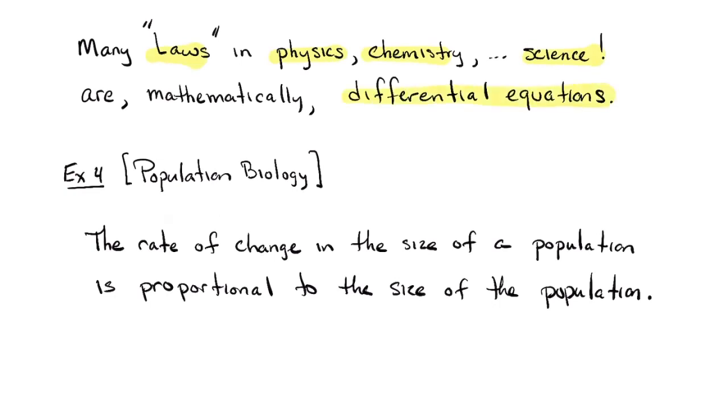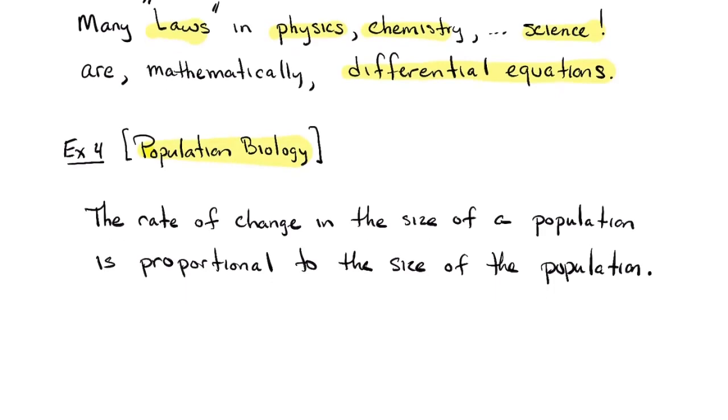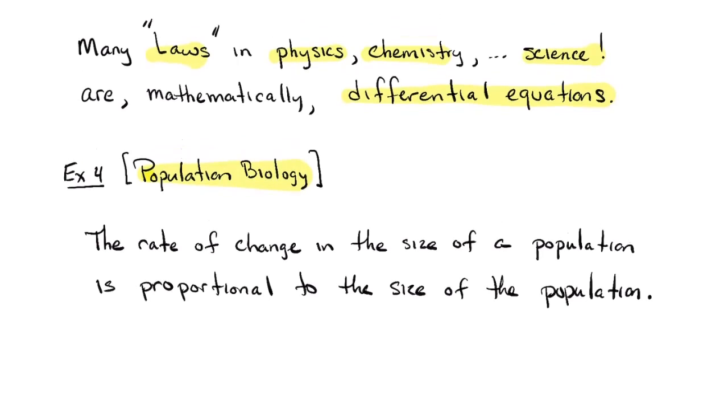So I want to look at a couple of examples from different branches of science in which we take some law that's written out in some form. I'm going to start with one from population biology, and translate it into a differential equation.